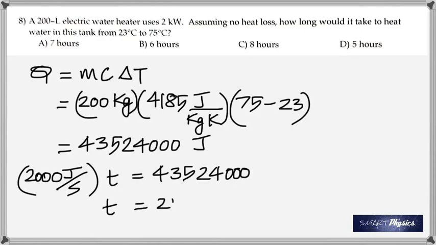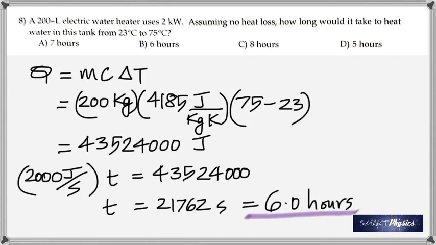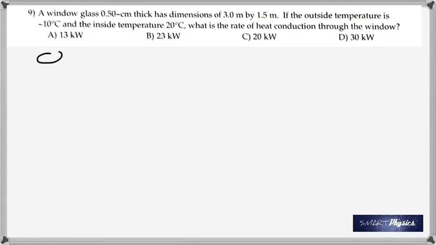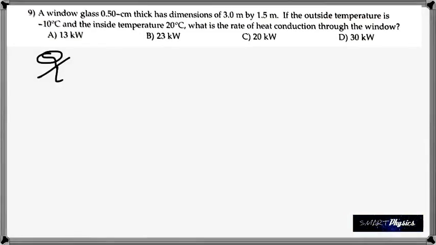So make time the subject. It's a lot of seconds, so divide it by 3600 and you get it in hours, because 1 hour is 3600 seconds.